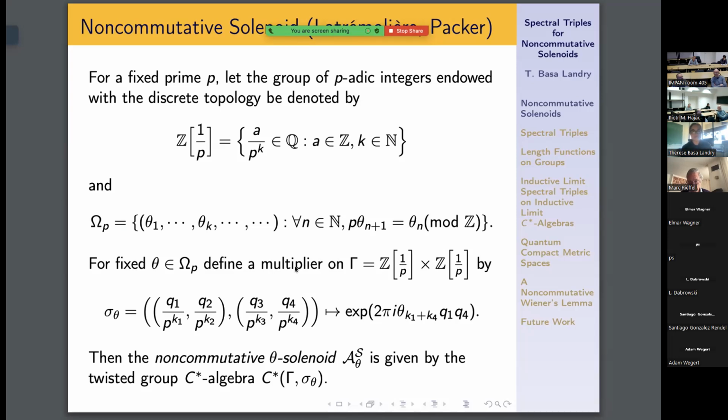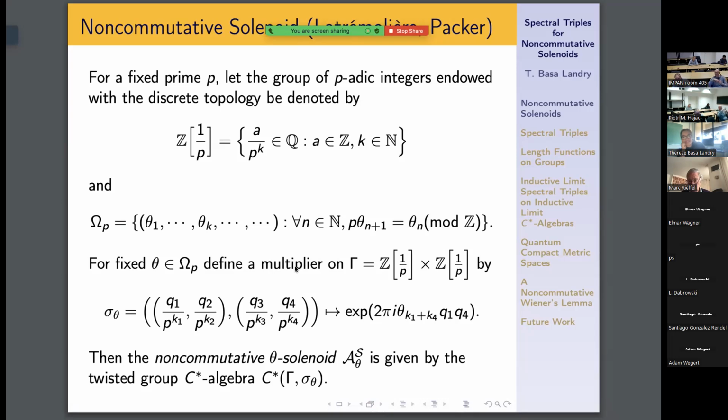So you asked about the classical solenoid. With the classical solenoid, can that be written as an inductive limit of commutative tori?